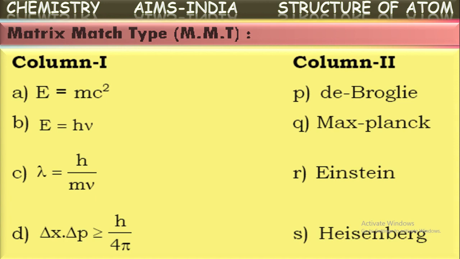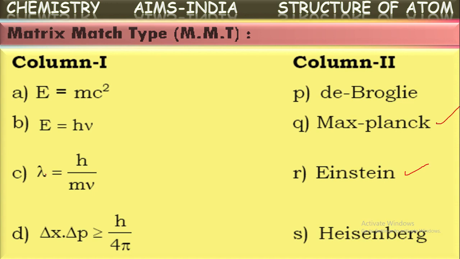This is the energy-mass relation given by Einstein, where c represents the velocity of light, isn't it? Next, E is equal to h nu. This is the equation given by Max Planck, where E represents energy, h is Planck's constant, and nu is frequency. So it was given by Max Planck.